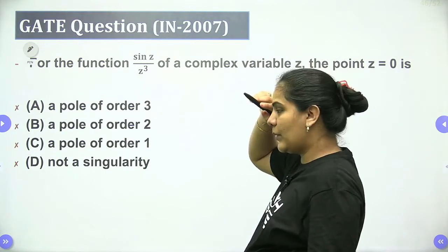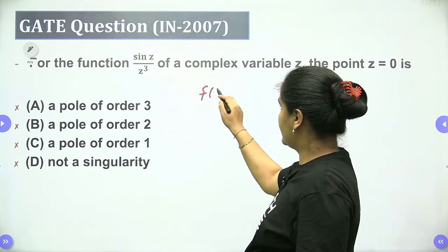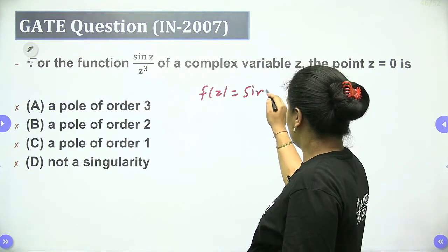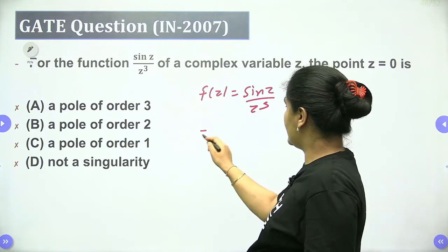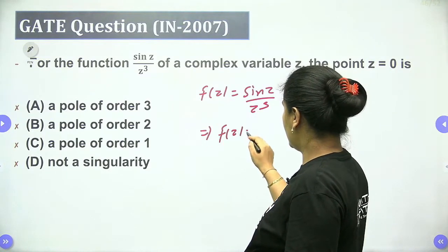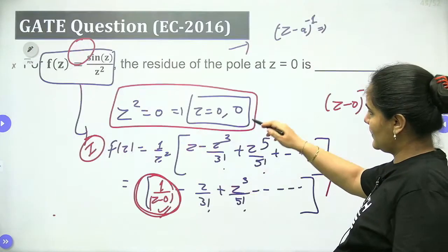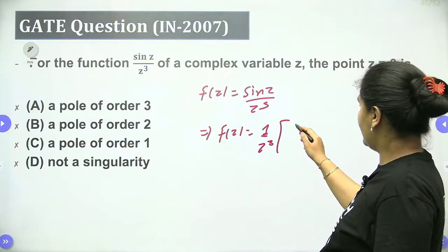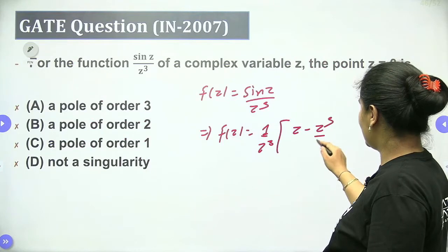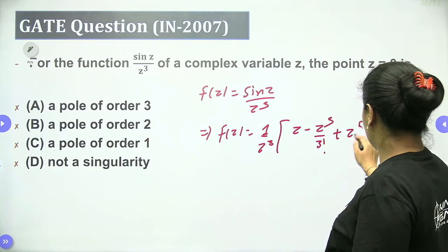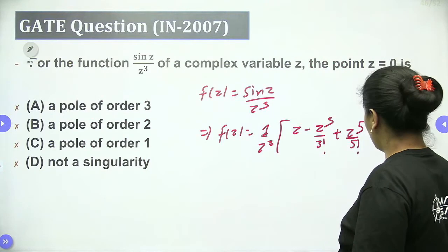So we can directly approach here that the function f(z) equals sin z by z cube. We can take 1 by z cube as it is, and use the expansion of sin z. When we expand it, it will be z minus z cube by 3 factorial plus z 5 by 5 factorial, and so on.